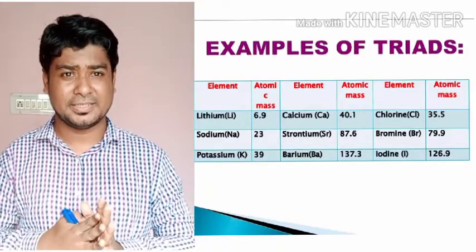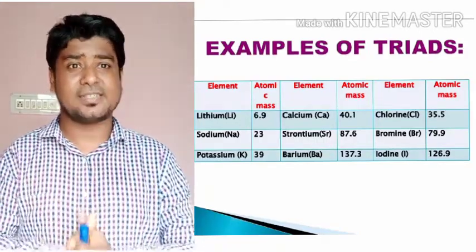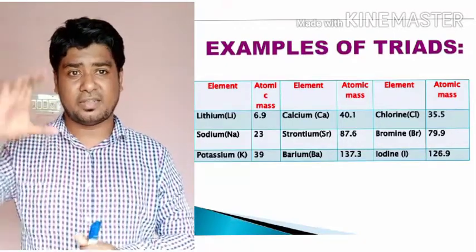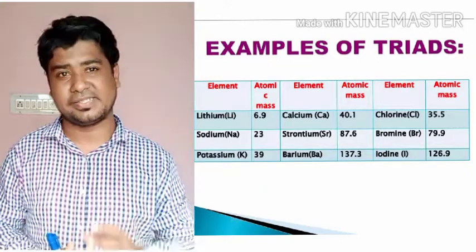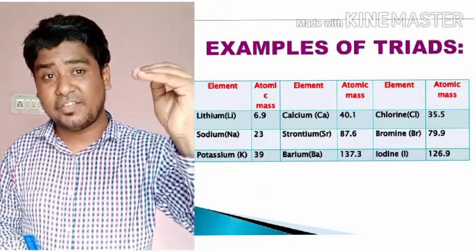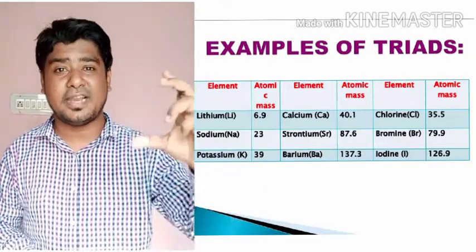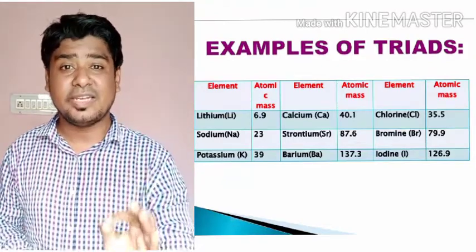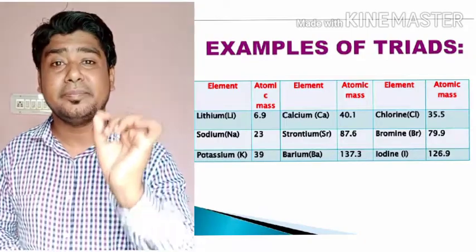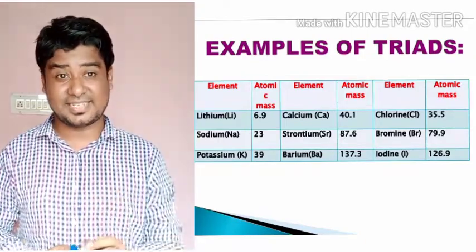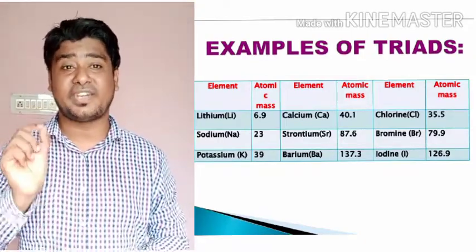Getting my point? In a triad of a group of 3 arranged in increasing order of their atomic masses, the average of the first and the third element's atomic mass will be equal to the atomic mass of the middle element.